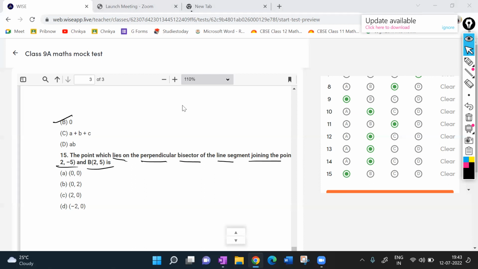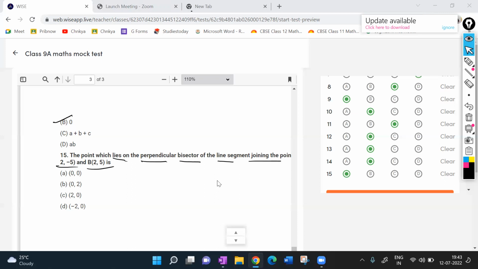I'll do that. Make it fast. It may take some time posting, sir. No problem. You just post it on WhatsApp. Then WhatsApp is fine. Okay, sir.